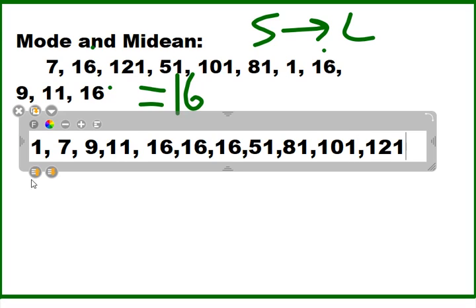So those are our numbers, and let's just count them so that we make sure we did not miss a number. So 2, 4, 6, 8, 10, 11. So we have 11 numbers, so we never missed a number.